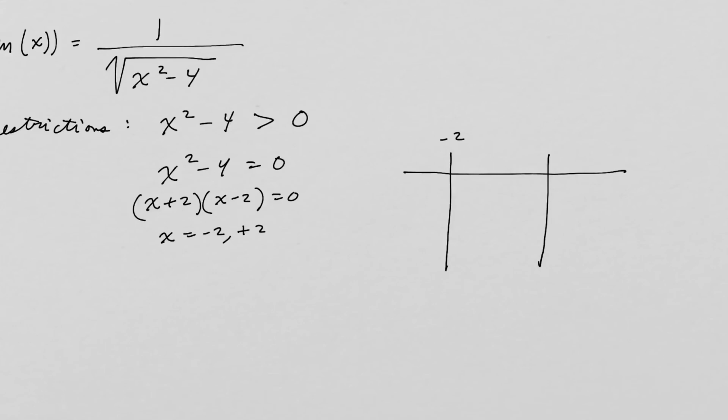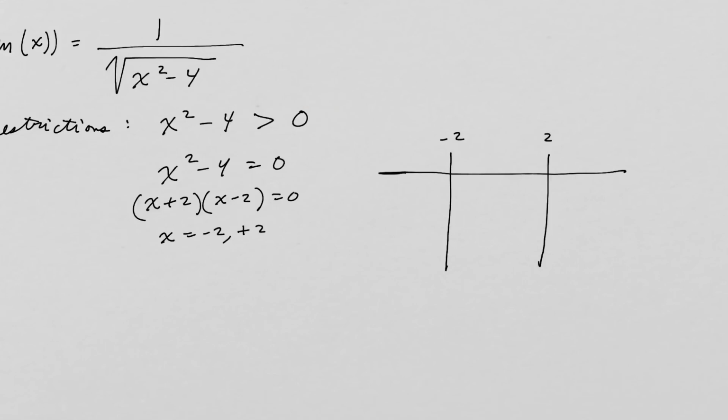So this is where negative 2 would be. This is positive 2. And I'm going to look at all of the x values in the 3 intervals. Before negative 2, between negative 2 and positive 2, and then greater than positive 2. Okay, and I want to see for which interval I get a true statement when I plug it back into that inequality.